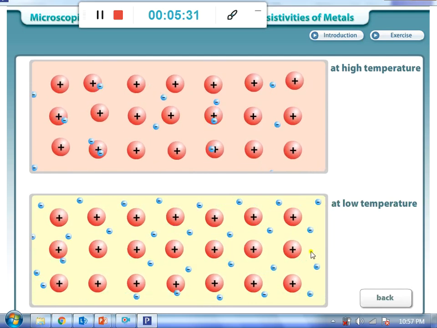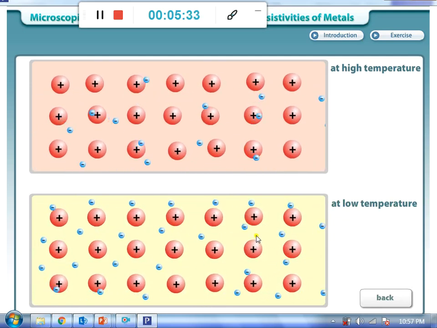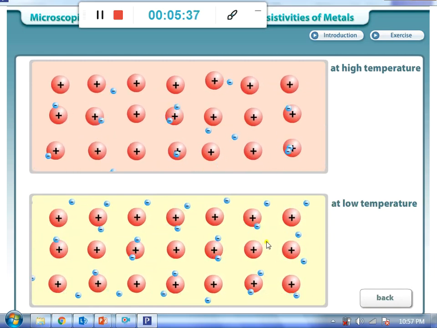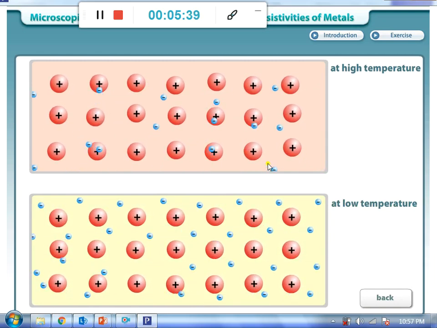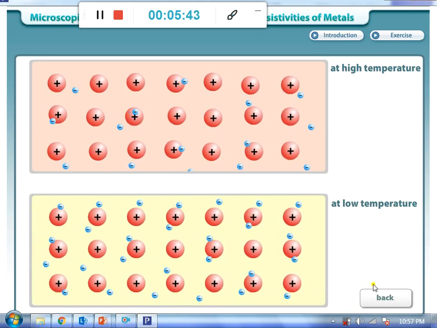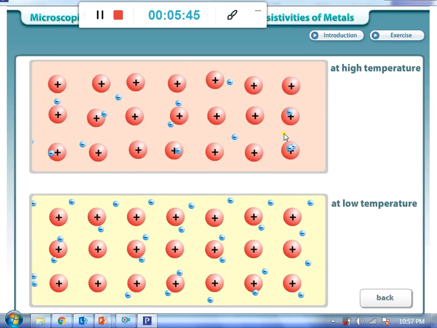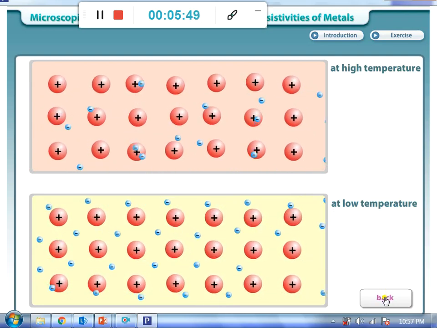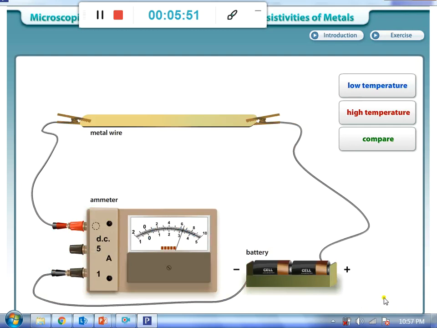At low temperature it is easier for the electrons in the electron sea to flow, but at higher temperature, higher vibration makes it more difficult for them to flow. It means that at a higher temperature the resistance will be higher than that at the lower temperature.